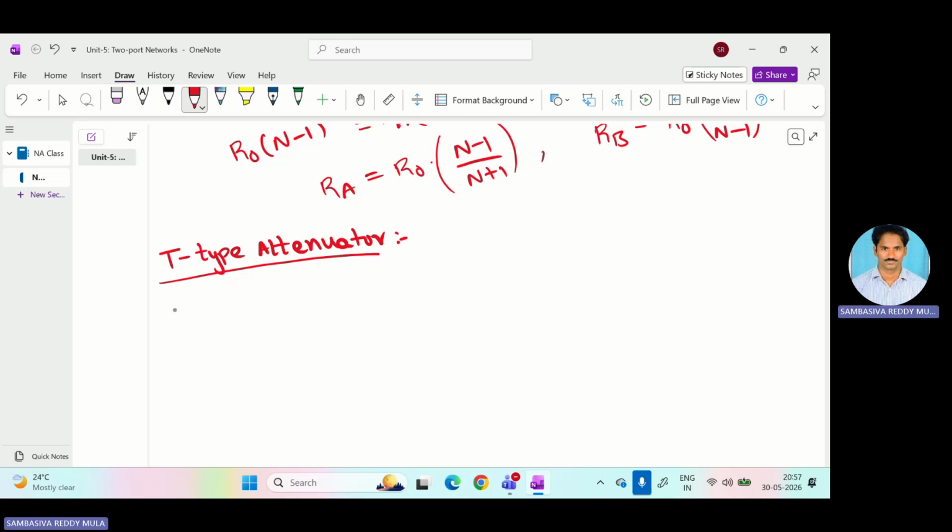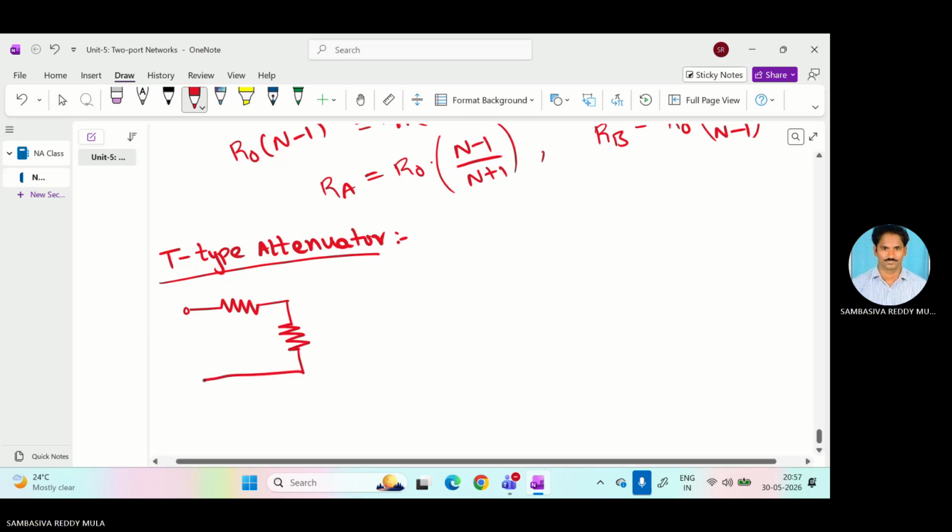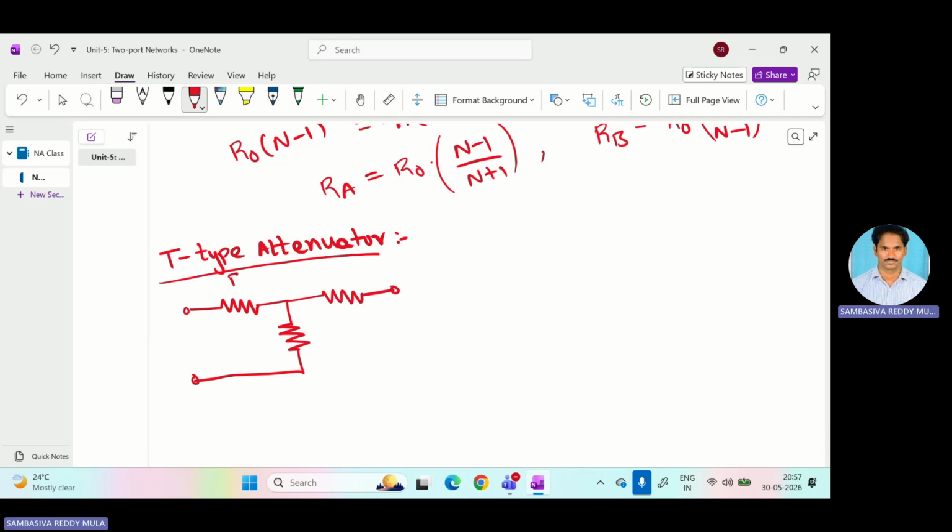How to represent the T attenuator? This we consider as R1 by 2, and this is R1 by 2. So it can be said to be symmetrical, but it is unbalanced.